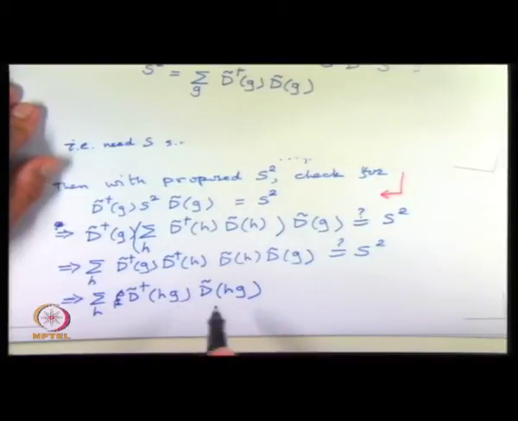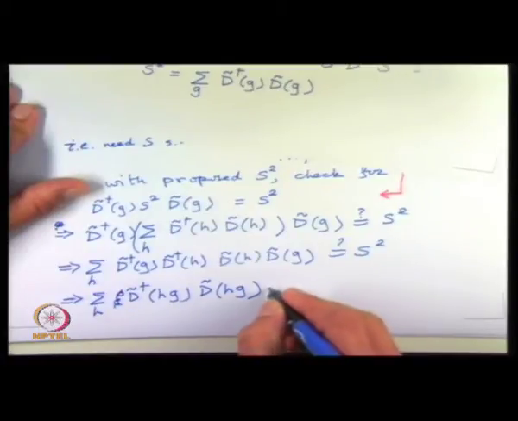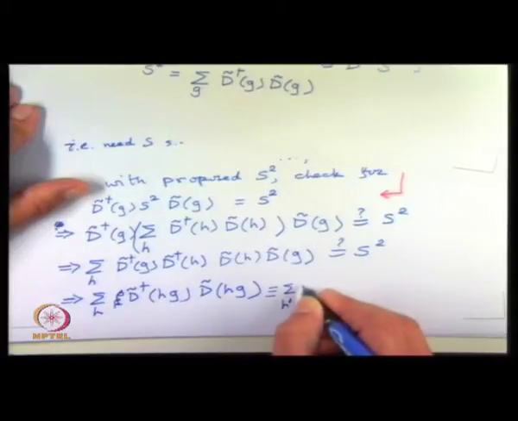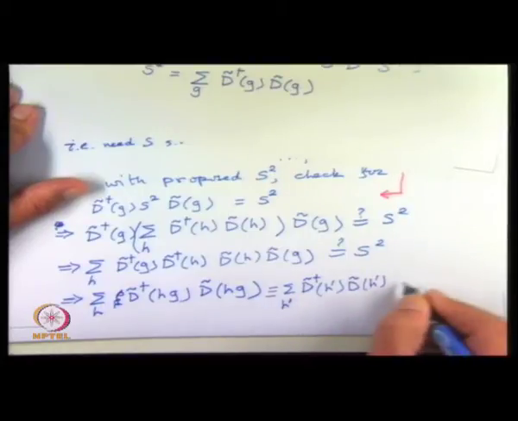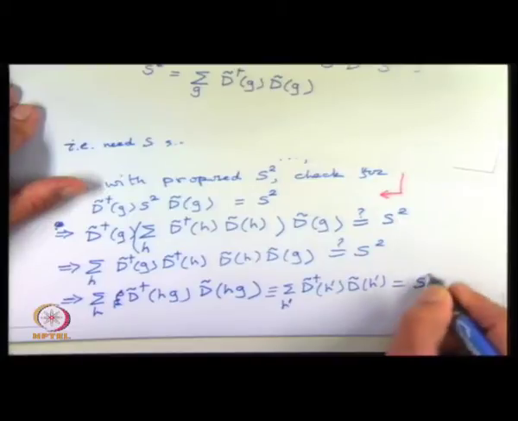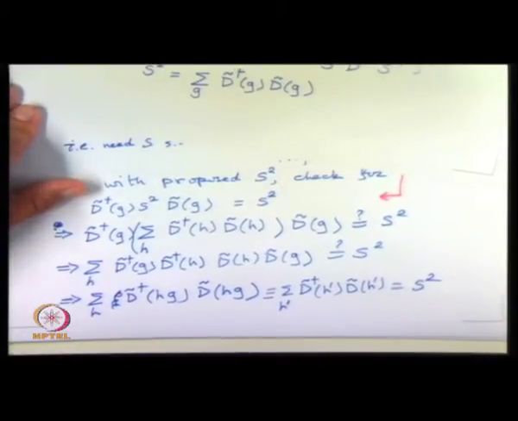But now all you have to do, this is summation over the whole group, this H summation ran over all the group elements. This is only relabeling the summation because a constant G is multiplying all of them on the right. So this is same as summation over some H prime of D tilde dagger H prime D tilde H prime, but that is equal to S squared.